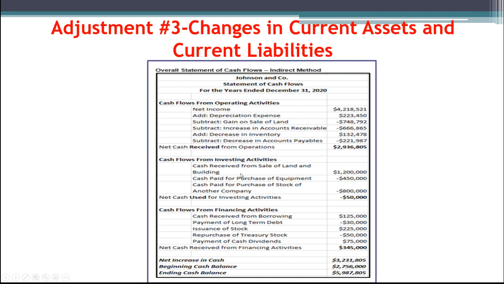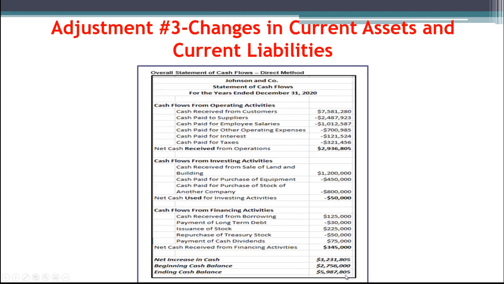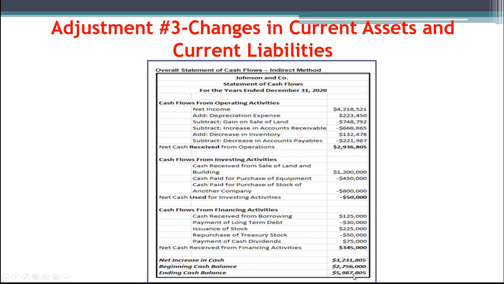Under the indirect method, the investing activities and financing activities are all the same. The reconciliation portion at the end is the same, and in fact, the final number has to be the same amount. Each of the subtotals have to be the same.